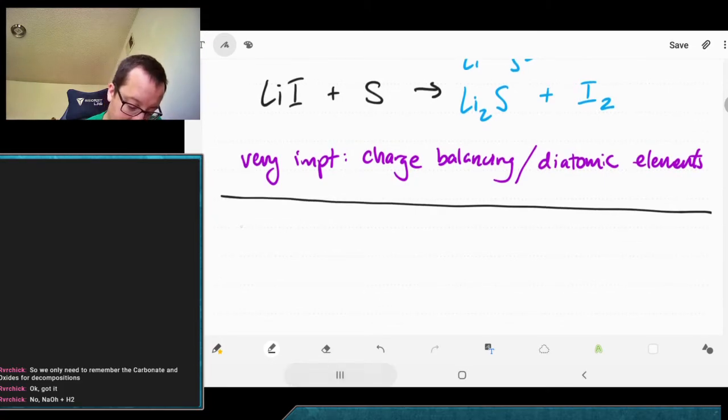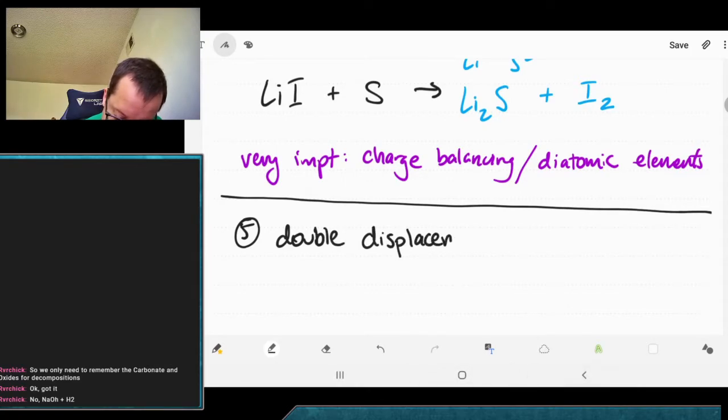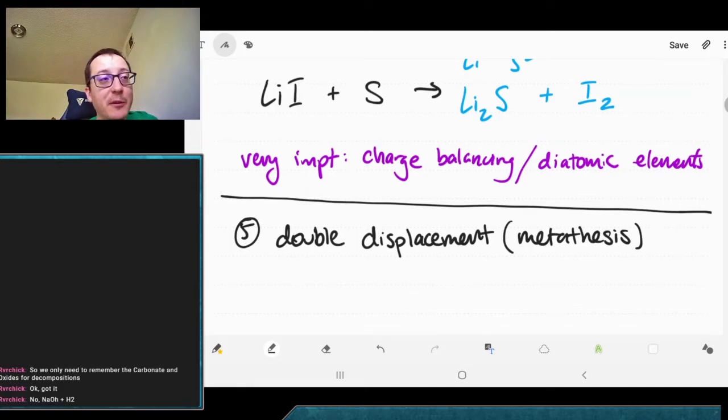Then the last one we have is called double displacement. And that is something called metathesis. But no one ever calls it that. Everybody calls it double displacement.